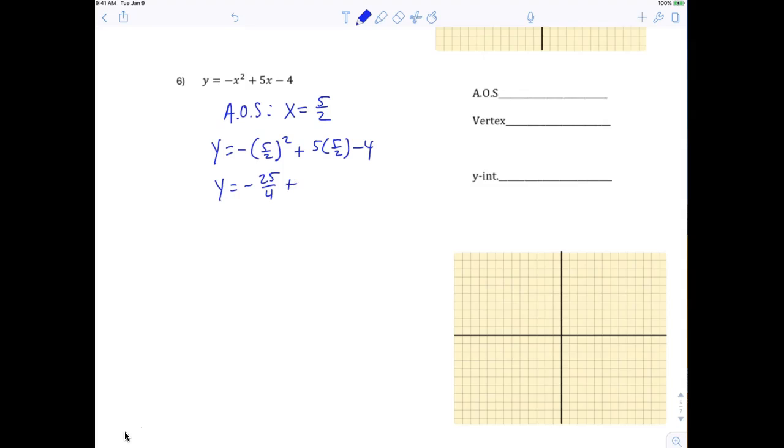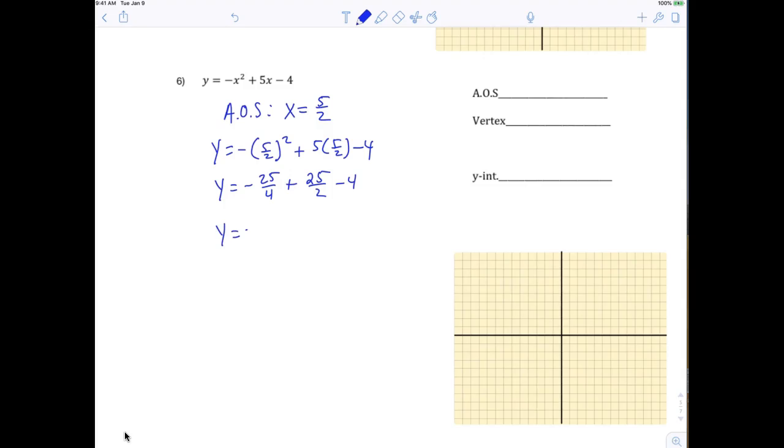What's 5 times 5 halves? Come on, I'm a little worried about some of you now. 25 over 2. You got to know your fractions. If you don't know your fractions, speak up and say, just show me real quick. Or remind me is what you should say. Anybody have any problem with that? And then it would be what? Minus 4. So the common denominator here would just be what? 4, right?